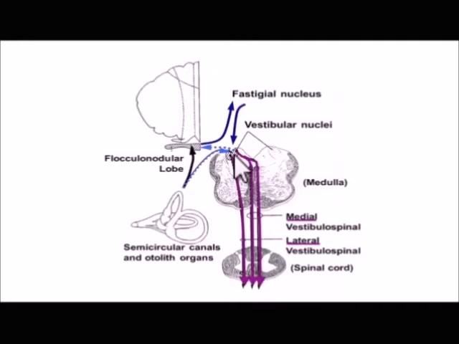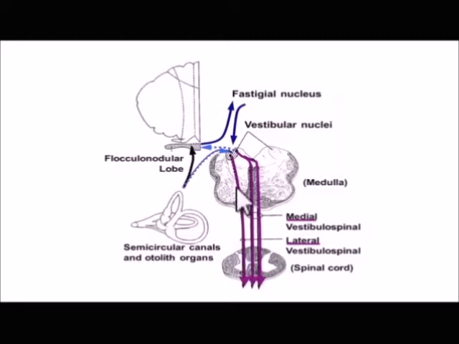Then from the vestibular nuclei, tracts are sent to the spinal cord as the medial vestibulospinal tract and the lateral vestibulospinal tract. The medial vestibulospinal tract ends in the cervical cord, and the lateral vestibulospinal tract ends in thoracic and lumbar regions of the cord.